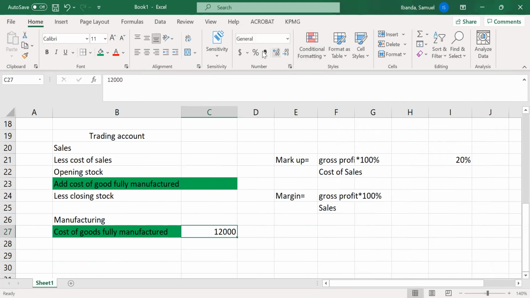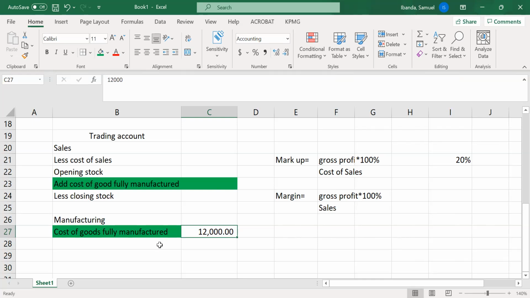That is what you have gotten. And you've gotten this cost of goods fully manufactured by doing, of course, your direct costs, which are your prime costs. You add, of course, you look at your overheads, the factory overheads and so on. You've looked at the change in work in progress, added all that together to come to your goods fully manufactured, and you're coming to such a figure.